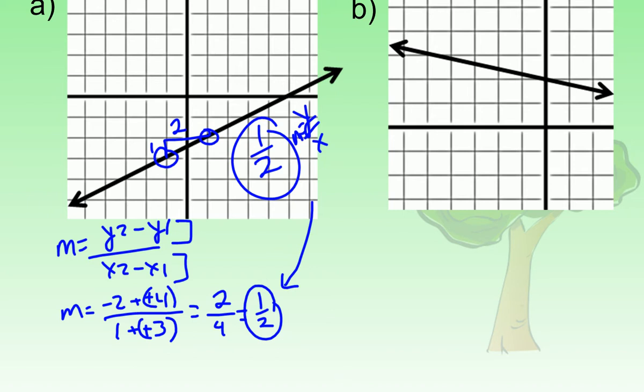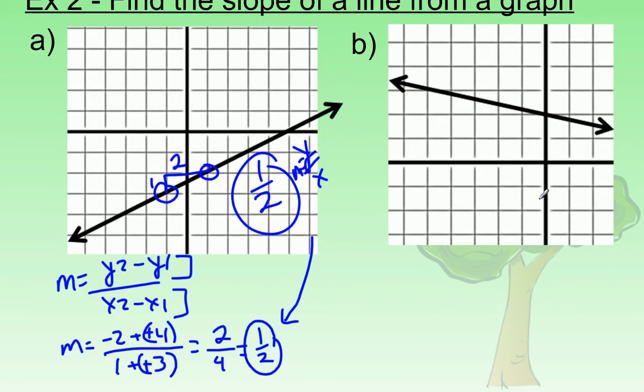All right. So for the second problem here, I'm going to do the easy way first, and then I'm going to do the formula way second. So the easy way is I'm going to find 2 points. I see one here and one here. In fact, those are the only 2 I see. Now, for me to get from this point to that point, change in y over change in x, how far up and down, how far sideways.